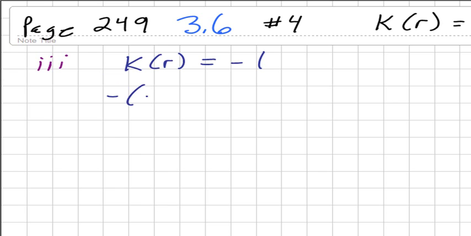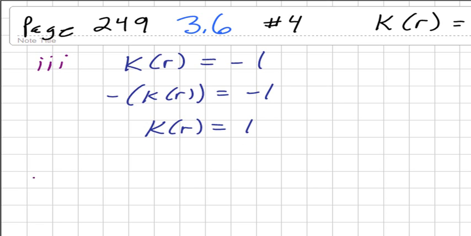Essentially it becomes negative k of r equals -1. Because I always want a positive k of r, I divide both sides by -1, so I end up getting k of r equals +1.